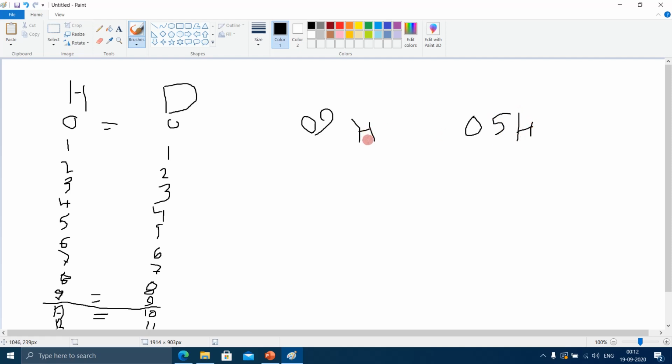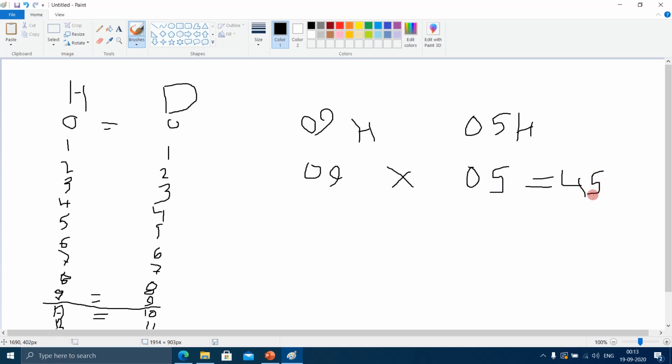Now we will convert them into decimals. 09 hexa becomes 09 in decimal, and 05 becomes 05. Now we multiply these two decimal numbers and we get the result in decimal, which is 45.